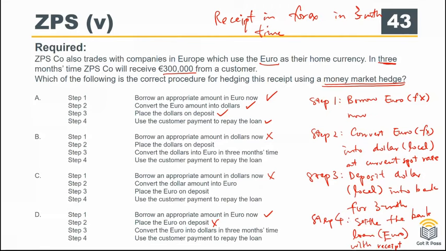And finally, you receive the customer payments to settle your obligations to the bank for the foreign currency, and you receive your deposit in 3 months' time, which is in local currency. In this case, it's dollar. So you can have the money back, which is well hedged in this situation.